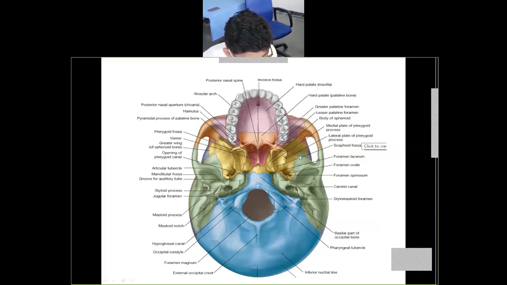What does it consist of? The inferior surface of the greater wing of the sphenoid and the inferior surface of the temporal bone, both of which are joining, plus there is an arch, the zygomatic arch, formed by the zygomatic bone and the zygomatic process of the temporal bone. As a whole, this area is the infratemporal region. Is it okay?